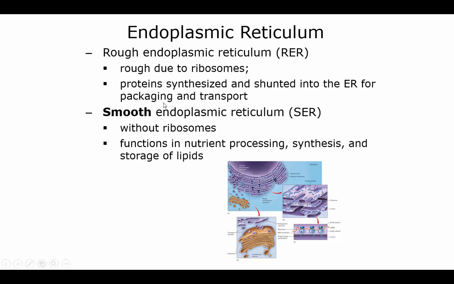If it's rough ER, RER, it has ribosomes attached to it, and those ribosomes make proteins that are then moved into the ER where they're packaged and transported. If it's smooth ER, like you see down here in the bottom picture, it has no ribosomes, but it functions in the processing and storage of lipids that will move through it as well.